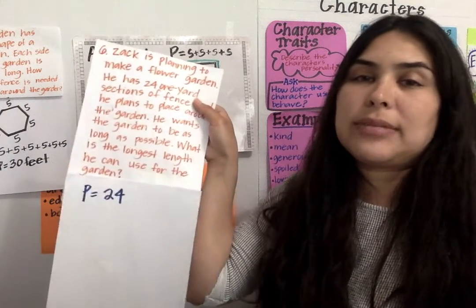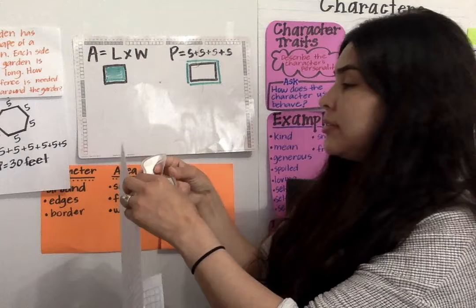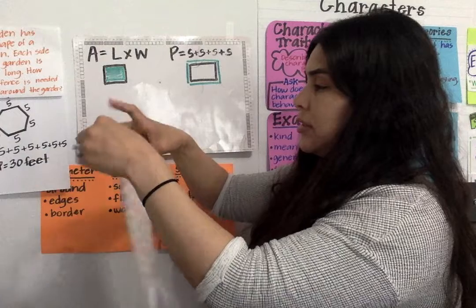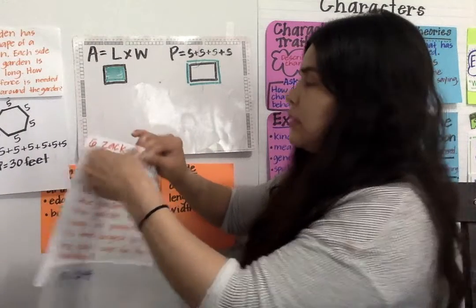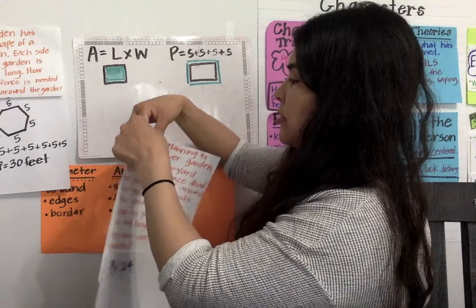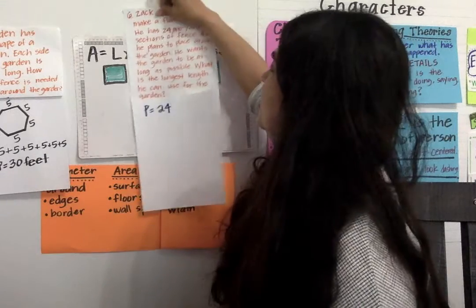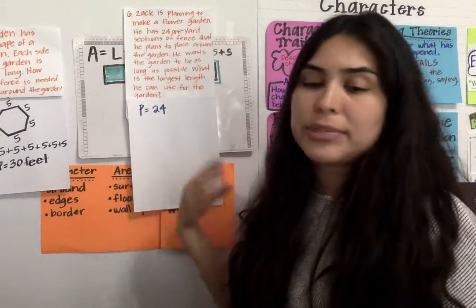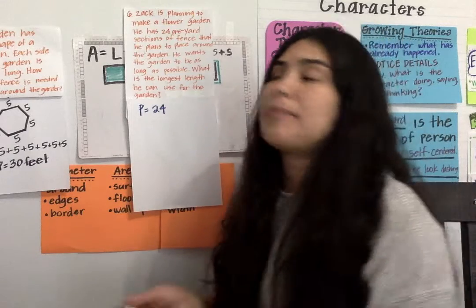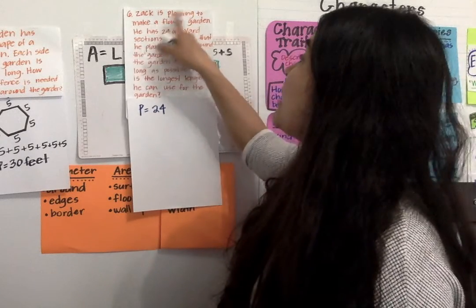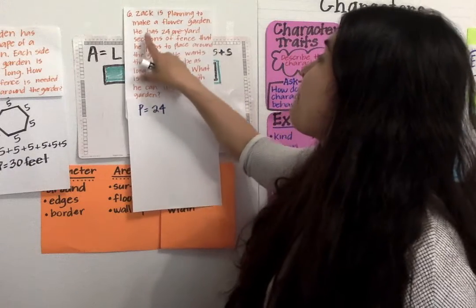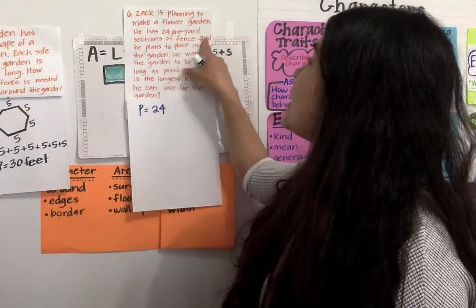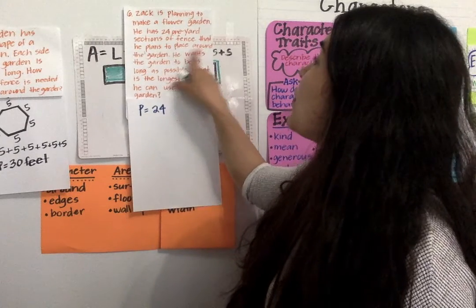Okay, so I actually already wrote it here. So remember the first thing, I need to reread my problem, okay? Zach is planning to make a flower garden. He has 24 one-yard sections of fence that he plans to place around the garden.